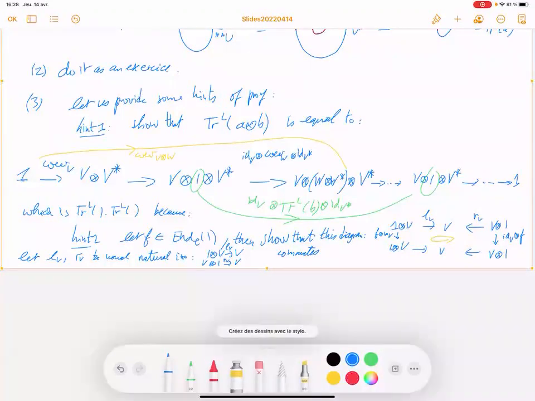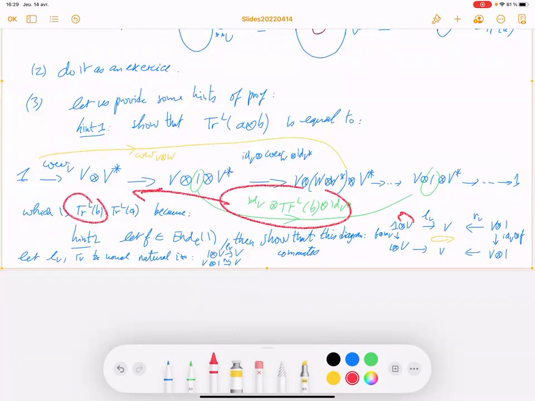This is commutative. But by doing that, you put the one on the left like that, and you put everything on the left, and then you get that. So this is the idea.